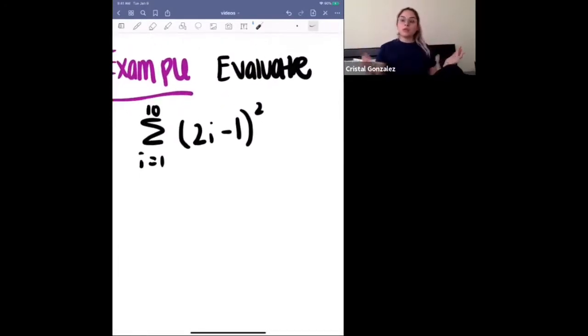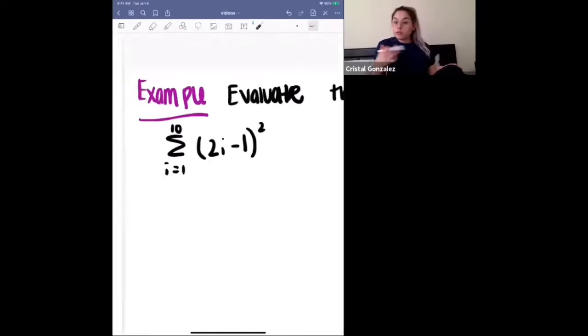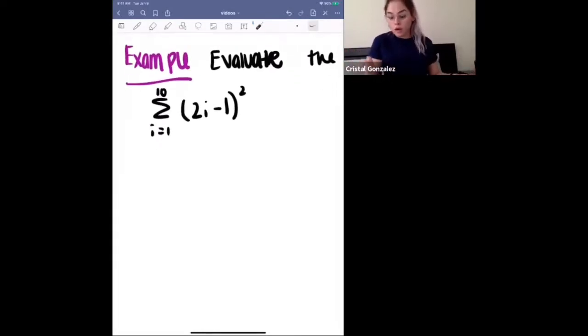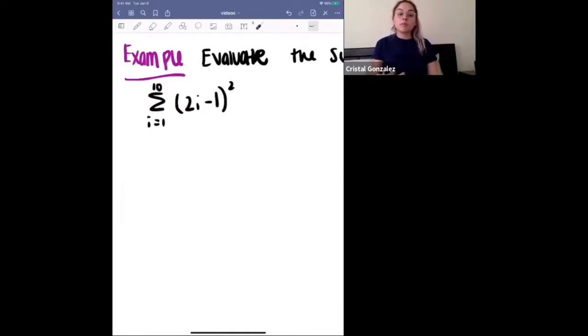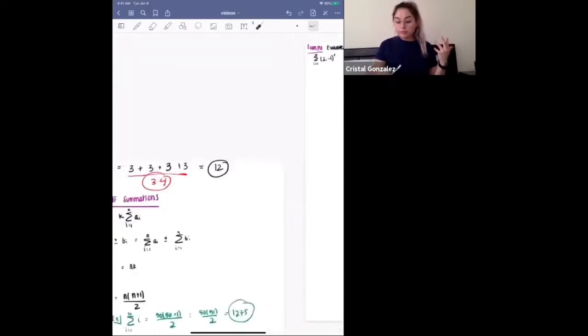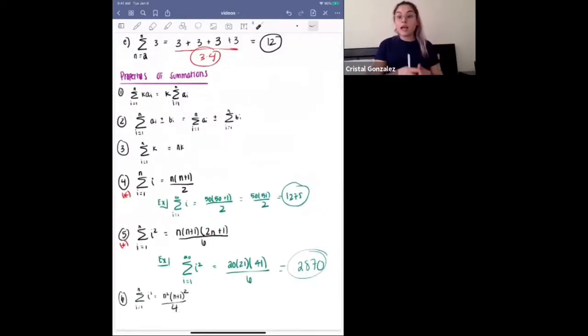We could go i equals 1, plug it in, add the next one, and type it in our calculator, but it would take too long, and I doubt you want to do that either. So we're going to use our properties of summations to break this sum up and use our formulas to evaluate the answer.